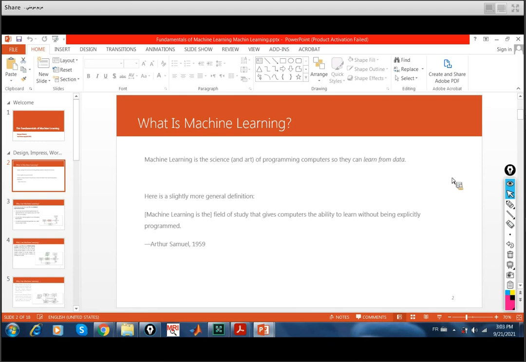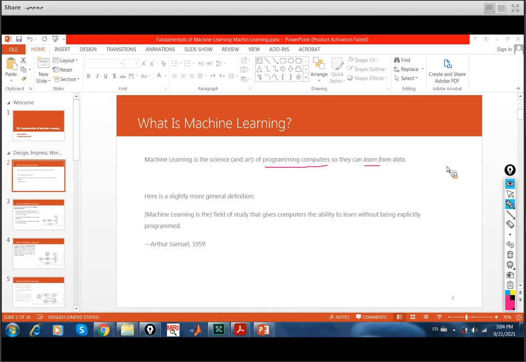We have different methods for signal processing, for image processing, and for data mining. Machine learning is the science and art, the science of programming computers to learn from data.